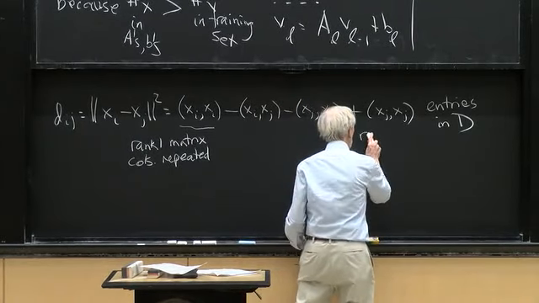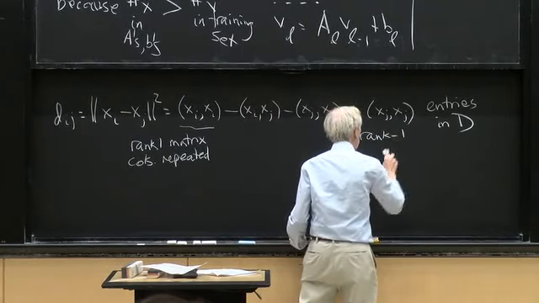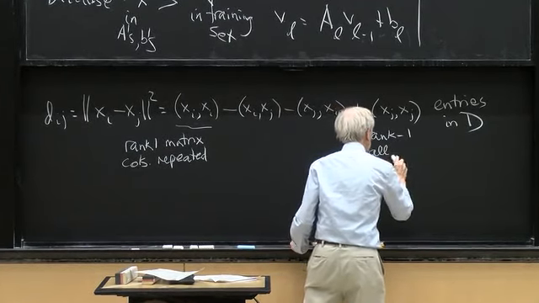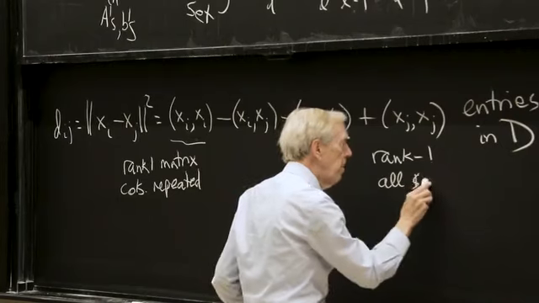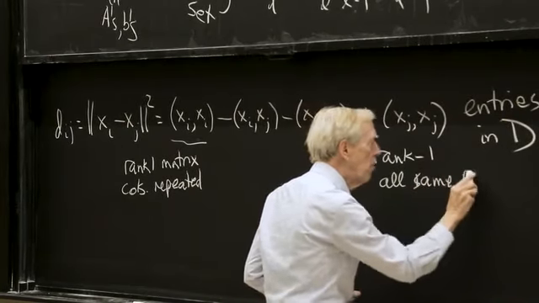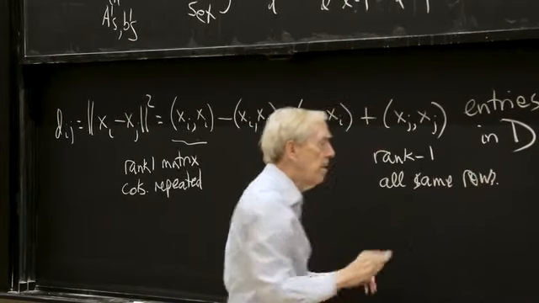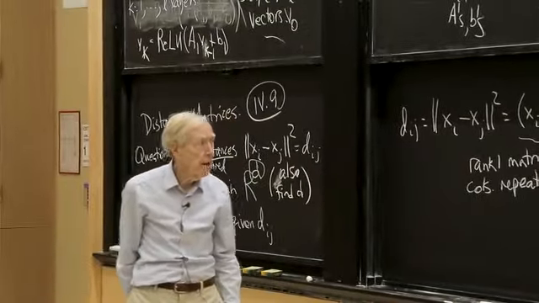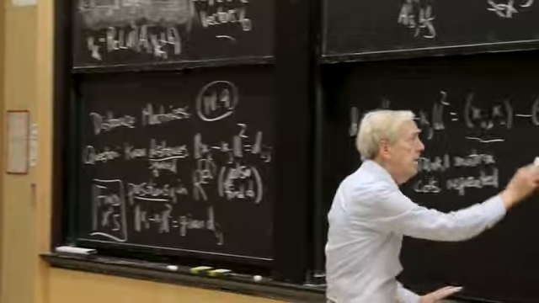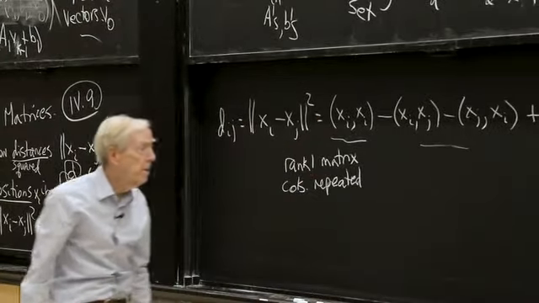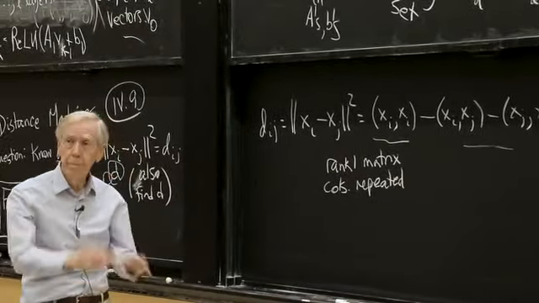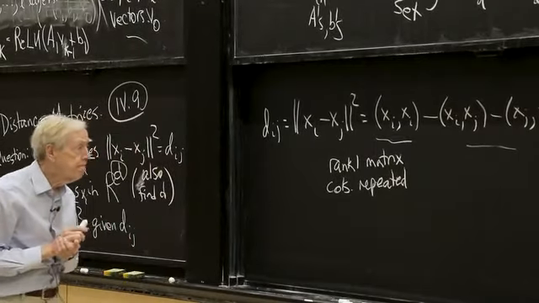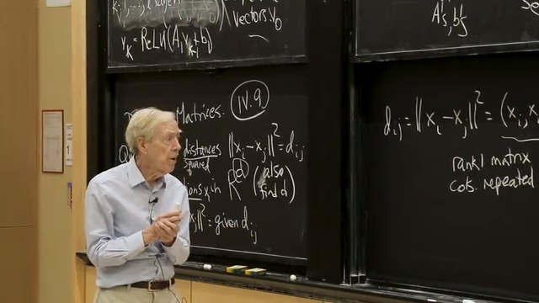So this is also a rank 1 matrix with all repeated, all the same rows, because if I change i, nothing changes in that inner product. So really, these are the terms that produce the significant part of the matrix.